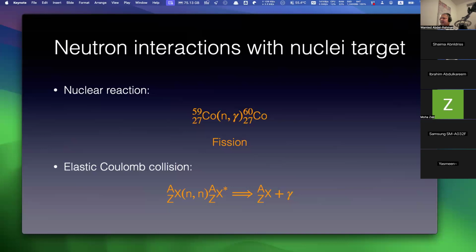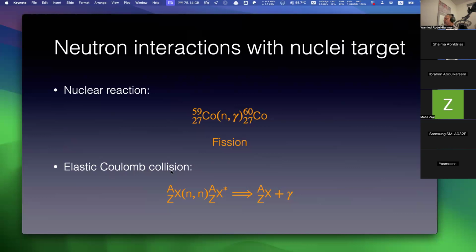And when this happens, we get uranium-236, and 236 is unstable, and it will undergo a fission decay, producing two heavy nuclei, and also producing neutrons in the process. We can also get gammas and so on. So fission is an example of a neutron interaction with a nuclei target.